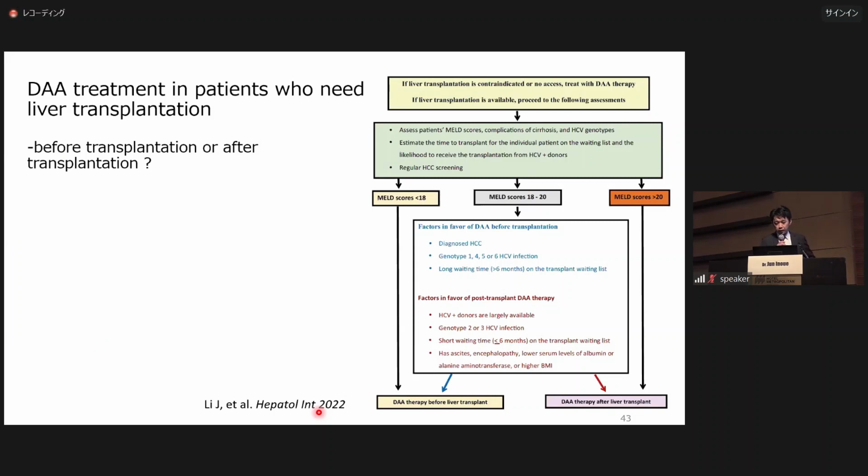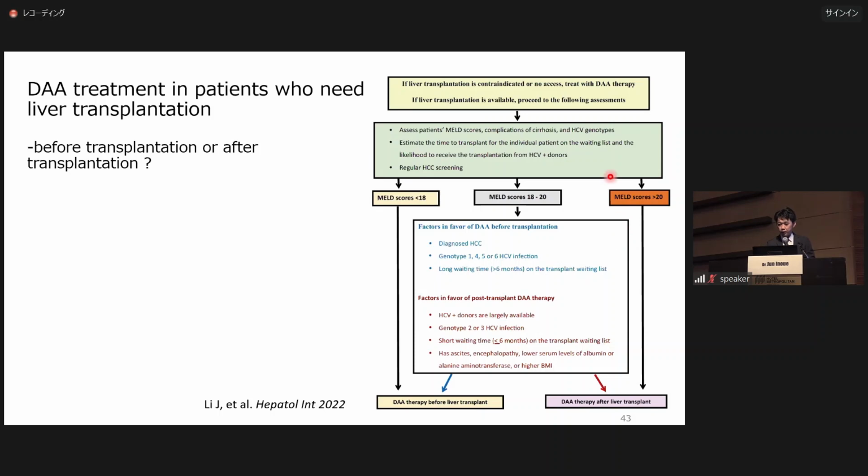And such decompensated patients are considered for liver transplantation. So should DAA treatment be performed before transplantation or after transplantation? This data shows it depends on MELD scores. If the MELD score is less than 18, DAA therapy should be done before transplantation.